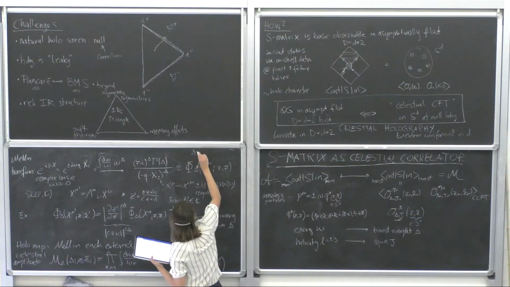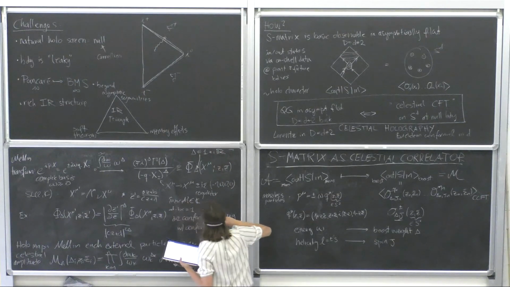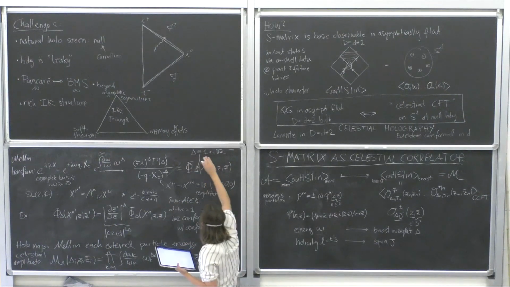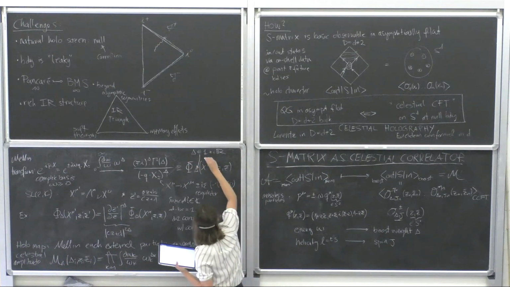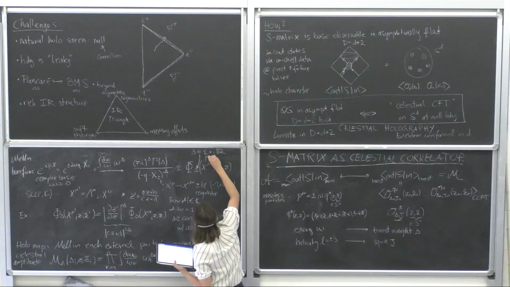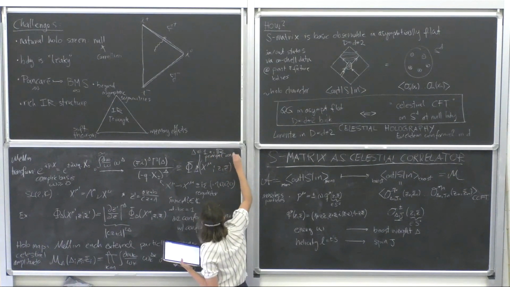Namely, the range is that delta has to lie in 1 plus i times some real number. So the real part of delta has to be 1, and then the imaginary part can be any real number. And this is called the principal continuous series of the Lorentz group.